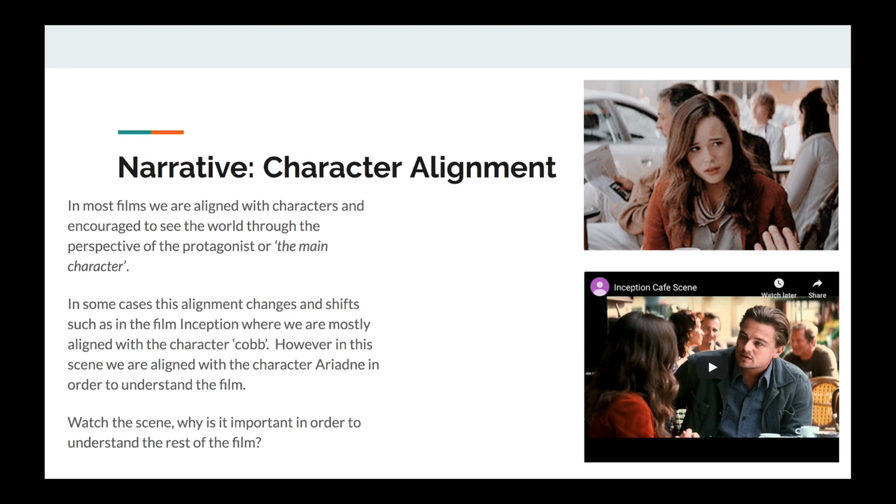If you've not seen Inception, it's a really good film and another one I would encourage you to watch, and a really interesting one in terms of character alignment. What we're going to watch is an extract from the cafe scene. You can watch this in its entirety, and we'll discuss it after.